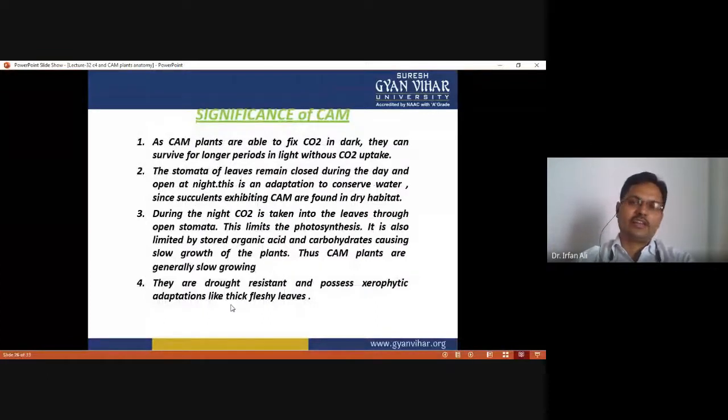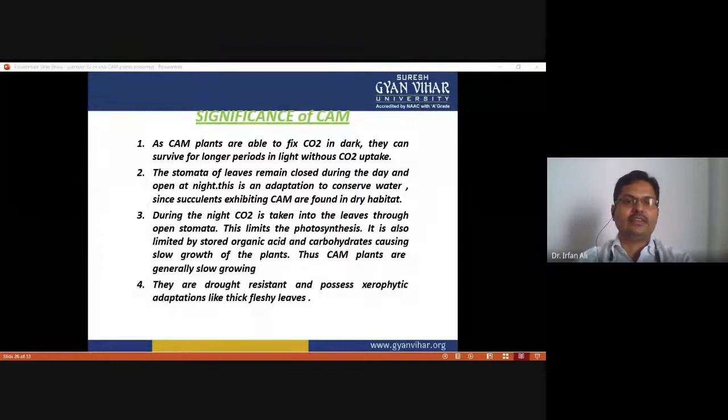So what is the significance of this pathway? As we know, CAM plants are able to fix carbon dioxide in the dark, so they can survive for a longer period without carbon dioxide uptake. The stomata of the leaves remain closed during the day and open at night. This is an adaptation to conserve water and reduce transpiration, since succulents exhibiting CAM are found in dry habitats.